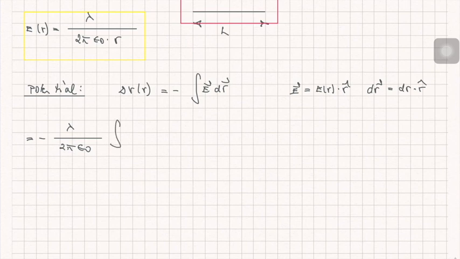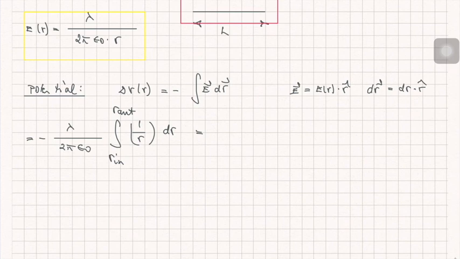Then we have an integral from the inner radius r in to r out of 1 over r dr. And you know what the integral of 1 over r is. This is the natural log. So then you would have the natural log of r out minus the natural log of r in.